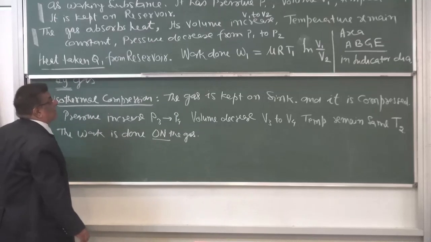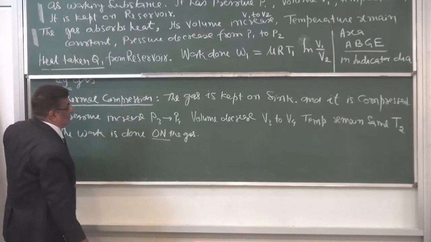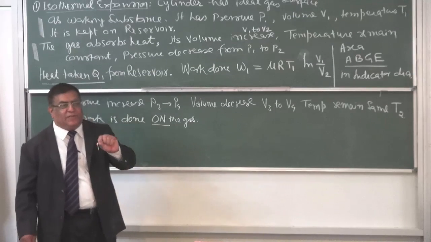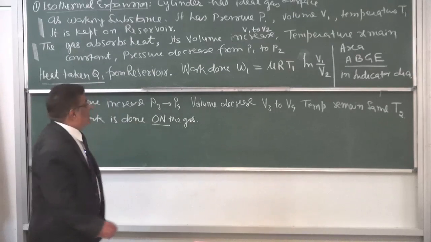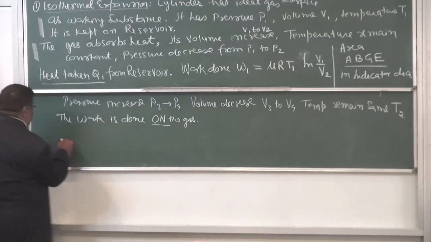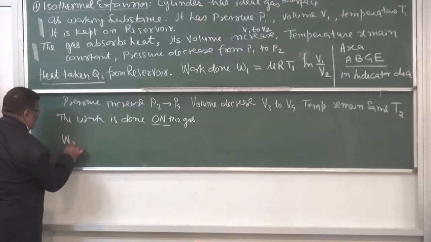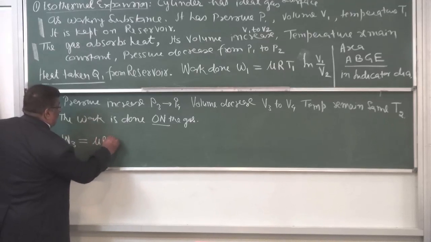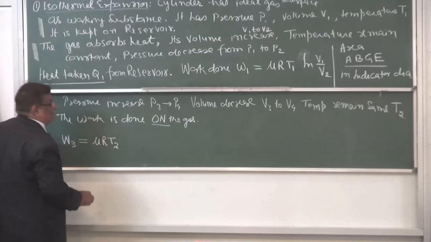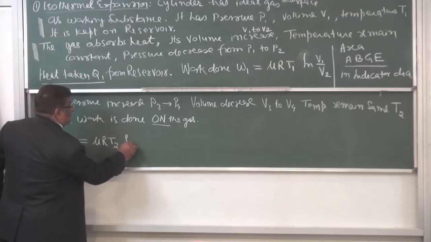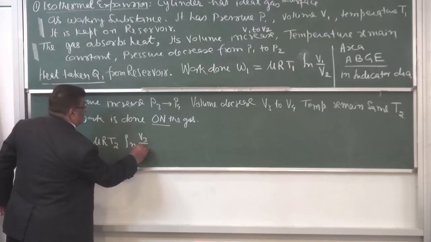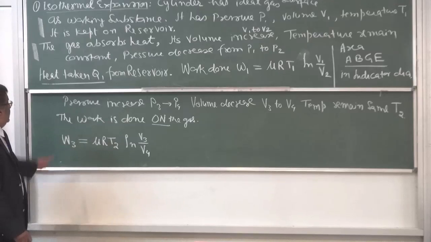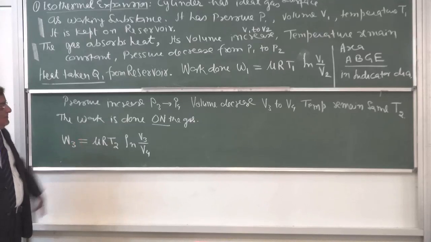Now this is an isothermal process and there is a compressor. The volume has changed from V3 to V4, so the work done will be W3, and this work is equal to mu R T2 ln(V4/V3). So this is the work done in this process.